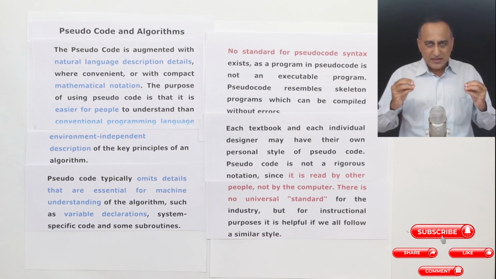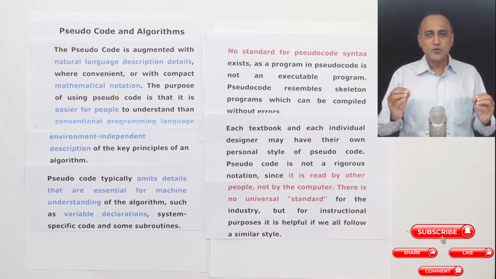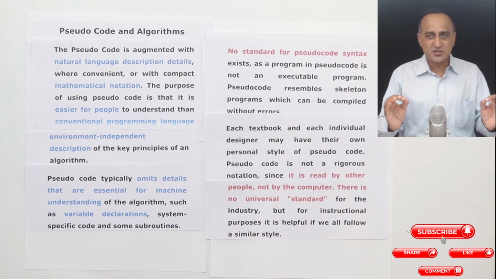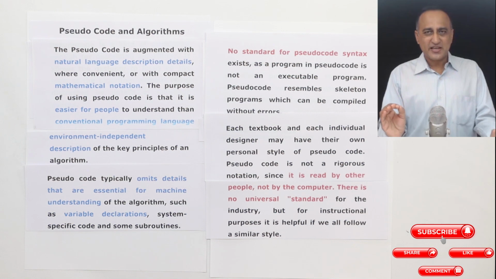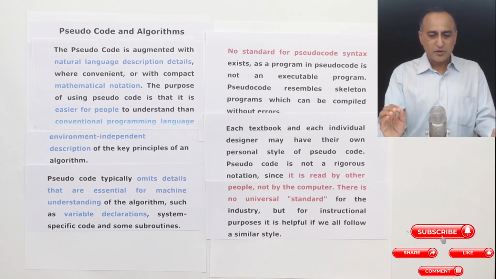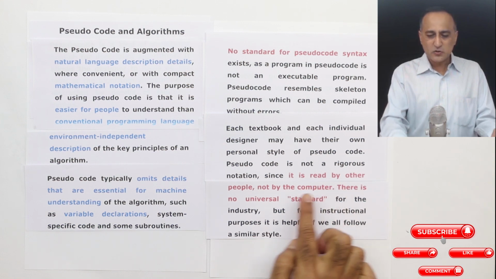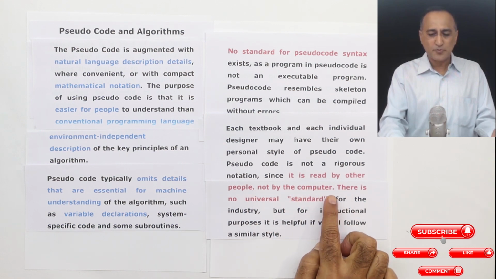So to wind up this discussion, a pseudocode is an English-like structured description of an algorithm. There is no standard for pseudocode. Most textbooks and documentation discuss the logic in an English-like manner, which we will be following. The important part is that it is meant to be understood by human beings and not by the computer.